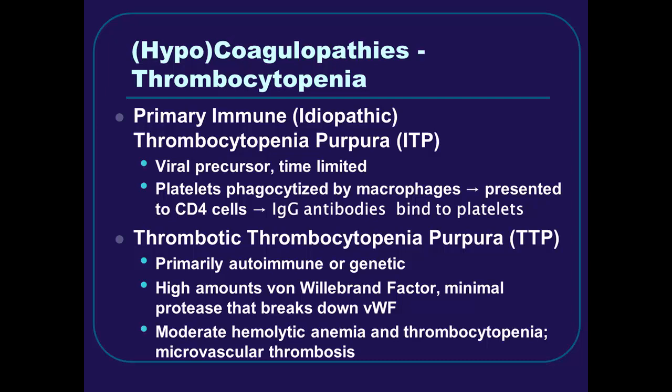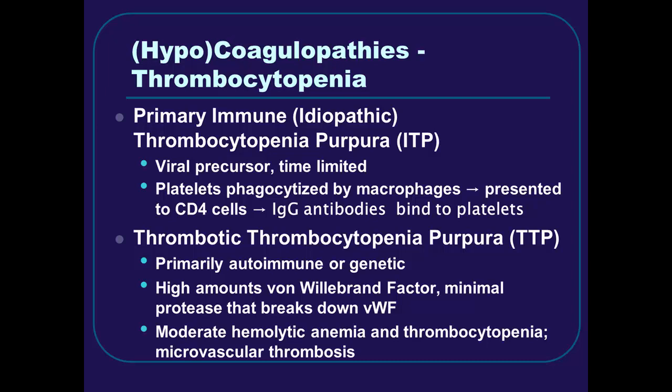When those platelets become phagocytized by the macrophages, remember that macrophages then present these particles to the CD4 cells. When those macrophages present these phagocytized platelets to the CD4 cells, the cells produce IgG, and IgG is an antibody. Those IgG antibodies then bind to other platelets.